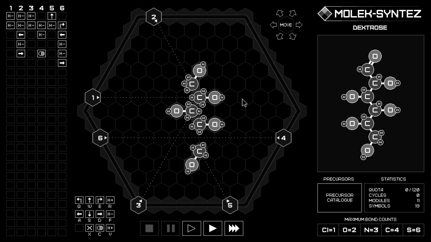So in those videos where I created these molecules, I was only using a different level in Molek-Syntez, and I was just creating a new solution, and that solution would contain that actual molecule itself, but the molecule is not what the level wants me to create, rather. So the output is supposed to be the original molecule, and I cannot input that custom molecule I made on the build platform. Right? If you guys can get what I'm saying.